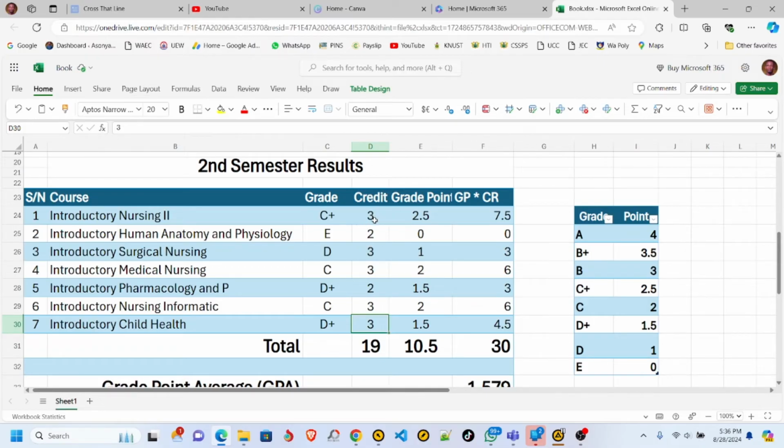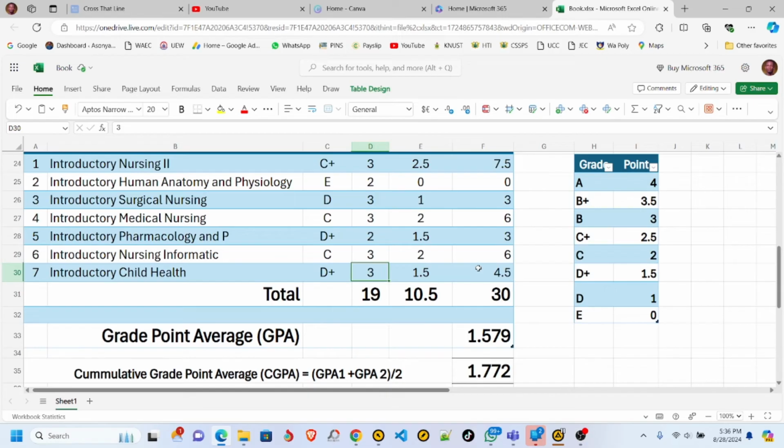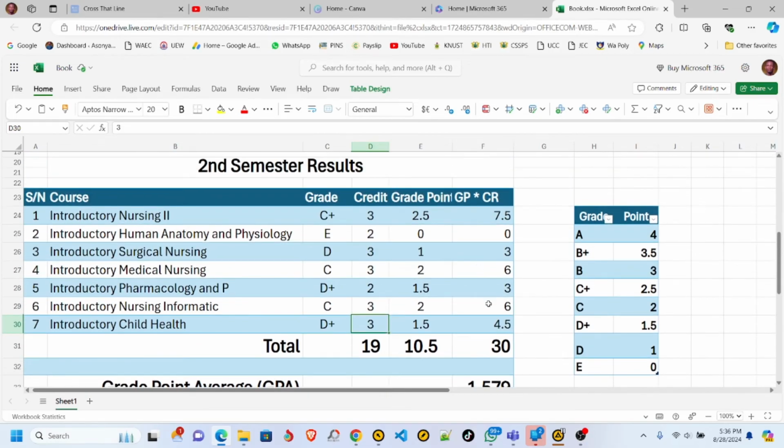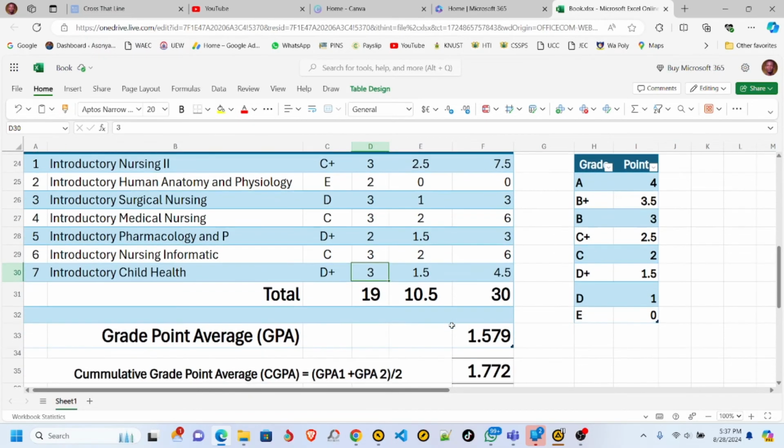After going through all this, we have the total of 30 as the grade points, with the credit hour being 19. So once again, you pick the total grade point, that is 30 divided by 19, and this is what you get, 1.579, approximately 1.58.